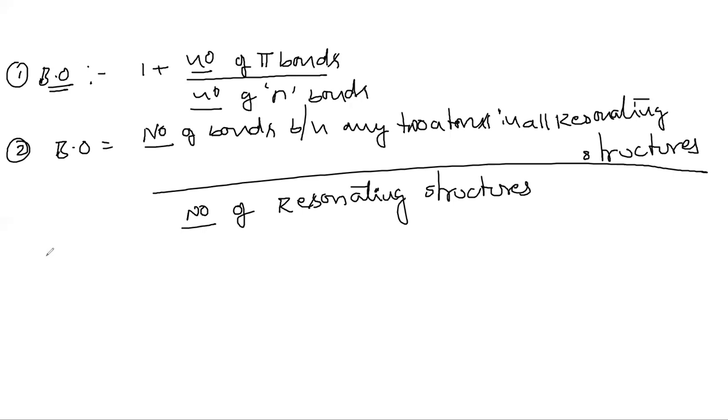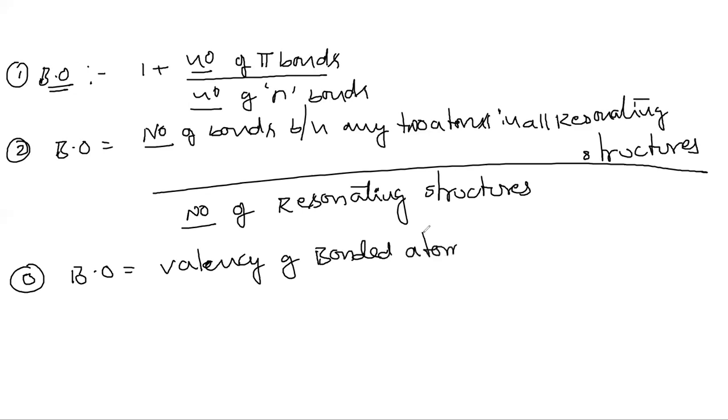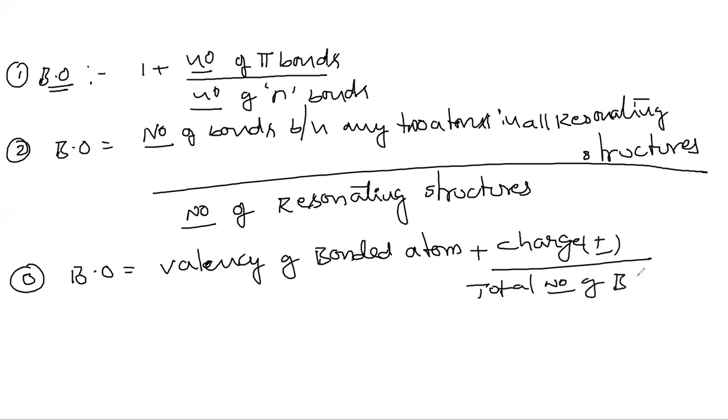Okay. And the third method I am going to discuss today is: the bond order is equal to the valency of the bonded atom plus charge (it may be plus or minus), divided by the total number of bonded atoms.